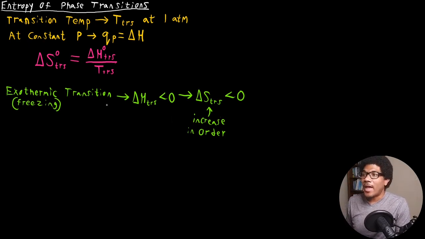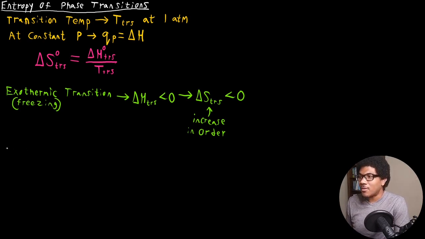So as you have an exothermic transition, you're increasing the order. If we think about freezing, for example, you're going from a liquid to a solid. The molecules are going to be more tightly packed in a solid, so you end up with fewer possible microstates. That's an increase in the order, which gives you a decrease in the entropy.